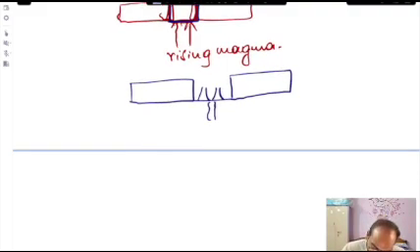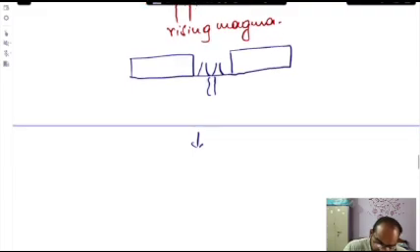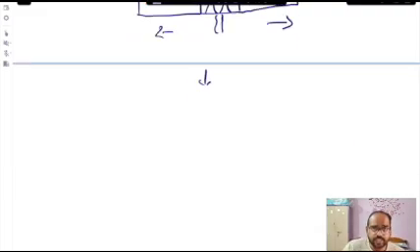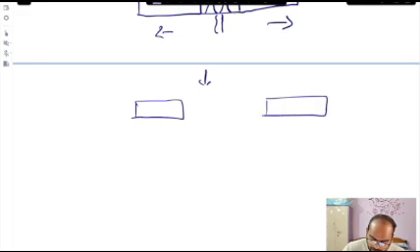Further divergence happened, and what happens is through this, new crust is formed.